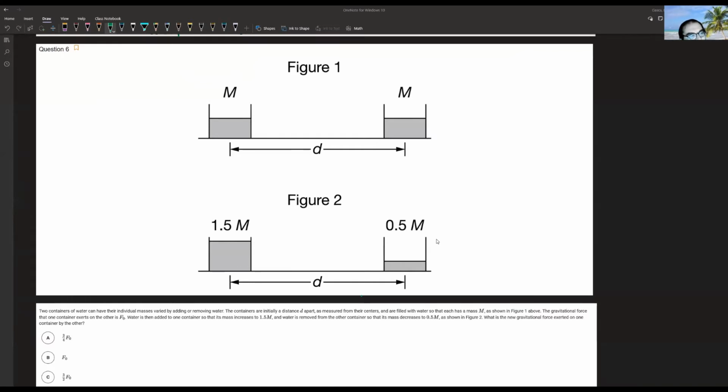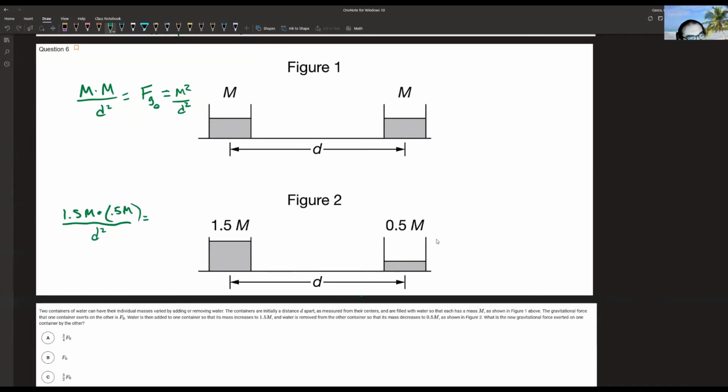Before we had big M times big M all over d squared. So we could say the force due to gravity at the beginning, or F original, was m squared over d squared. In this new scenario, we have 1.5 m times 0.5 m all over d squared. And so what's really changed is the mass here.